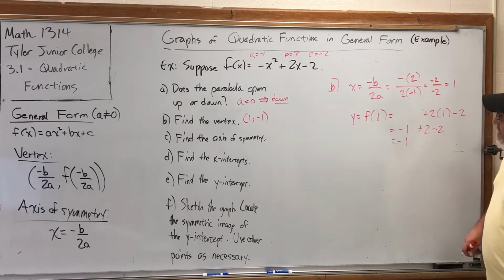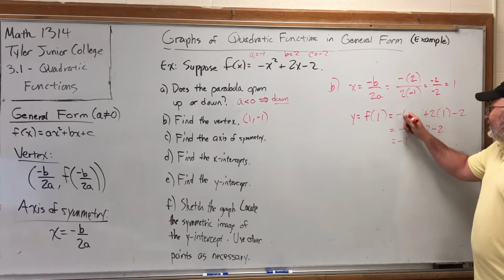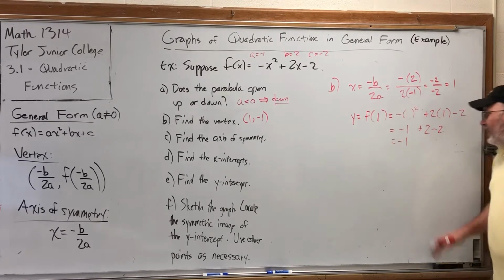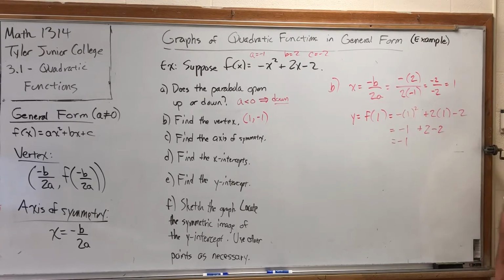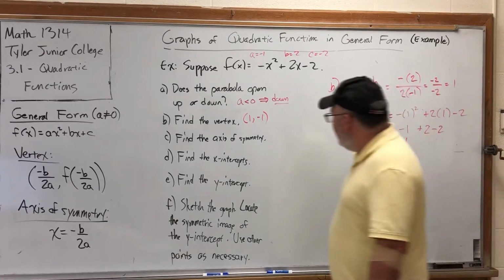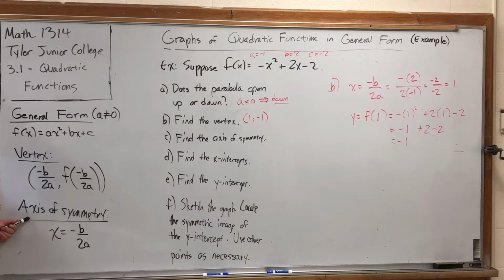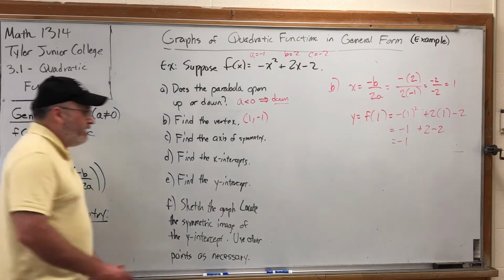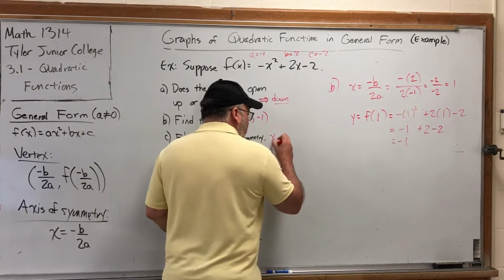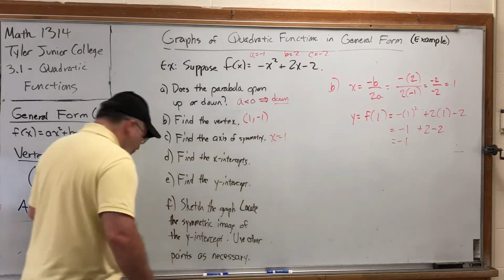But this was not a negative getting squared. This was the negative of something getting squared, and hence I stand by what I did. So our vertex is at 1, -1, okay? The axis of symmetry is simply x equals the x-coordinate of the vertex. So the axis of symmetry is at x equals 1. So far, so good.